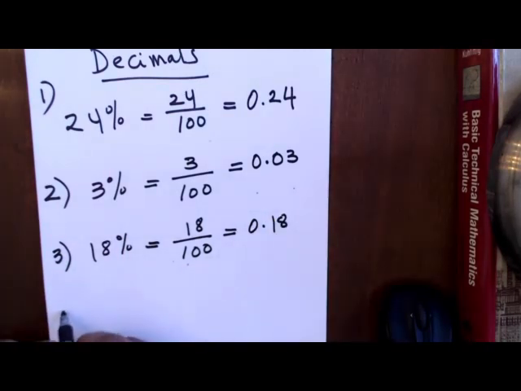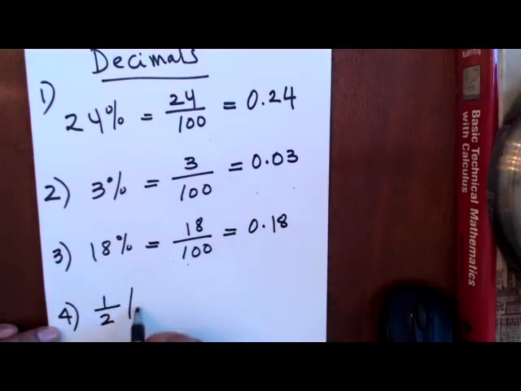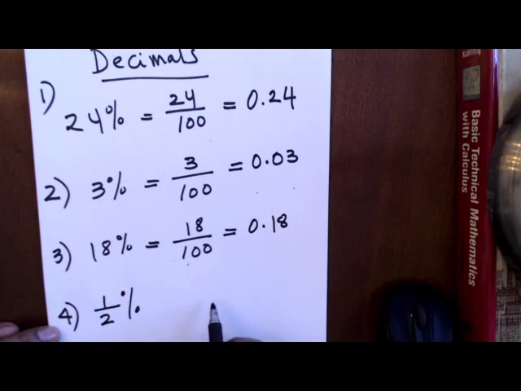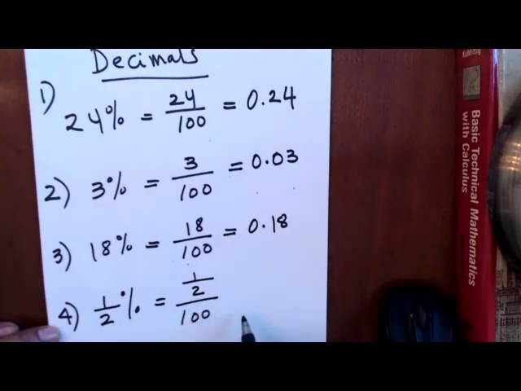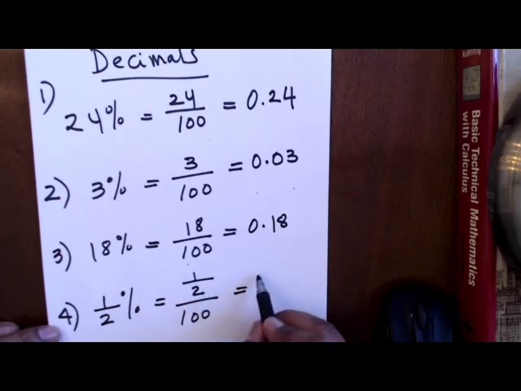And number 4, you have a half of a percent. What is that equal to? This will be equal to 1/2 divided over 100. We can convert this number, if you like, to a decimal and leave this over 100.